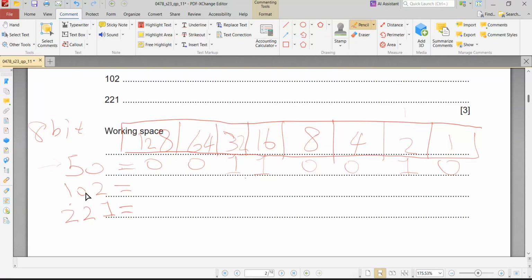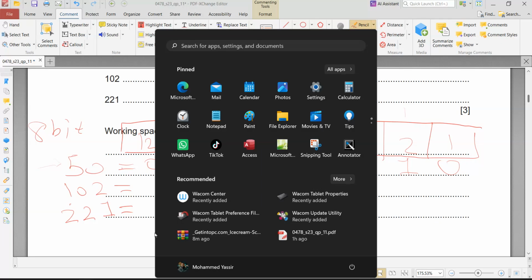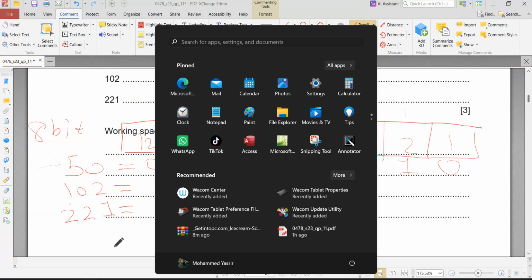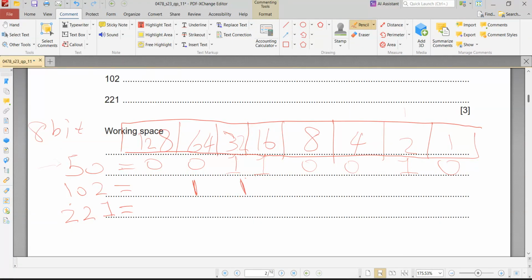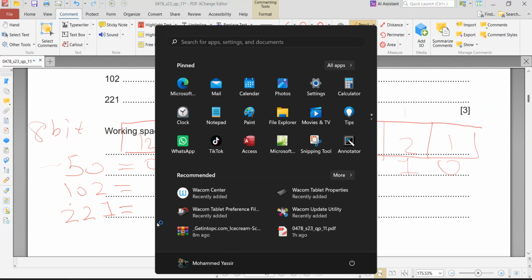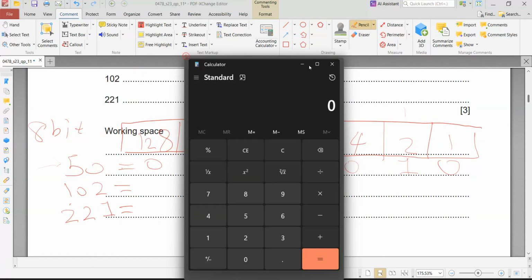For 102, I'm going to use the 64 and the 32. In the exam you are not able to use the calculator, but I'm going to use the calculator here.